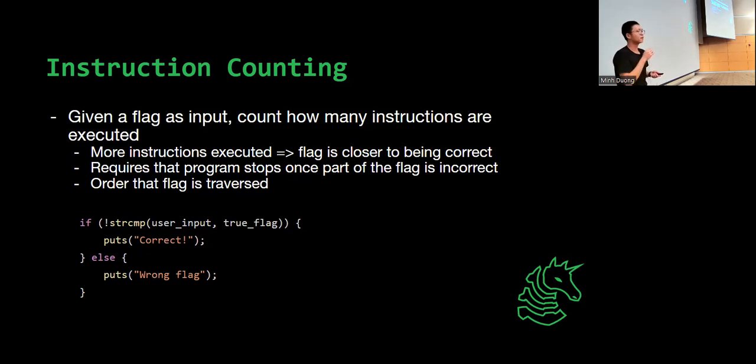This is dependent on the code breaking out of a comparison loop early when it detects that something is wrong. And it also matters what order it traverses the flag. So this is really helpful for, I think, the side channel challenge on CTFD.